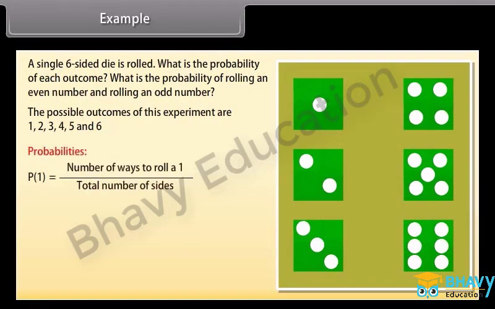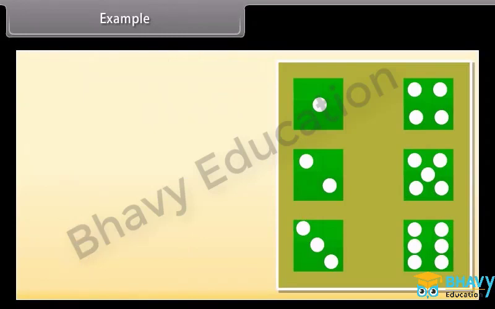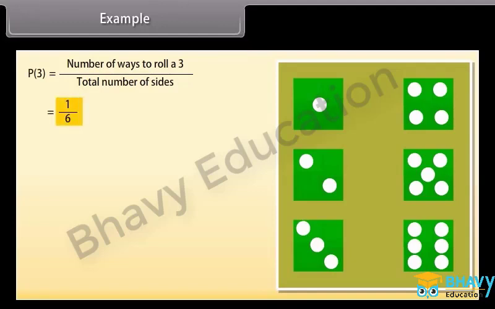Probability of 1 is number of ways to roll a 1 by total number of sides is equal to 1 by 6. Probability of 2 is number of ways to roll a 2 by total number of sides is equal to 1 by 6. Similarly, the probability of 3 is number of ways to roll a 3 by total number of sides is equal to 1 by 6.